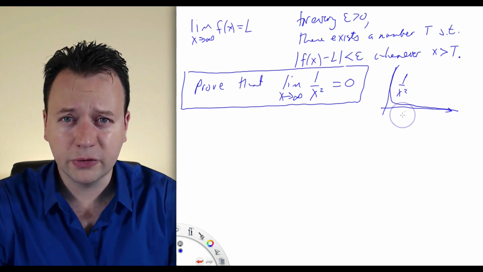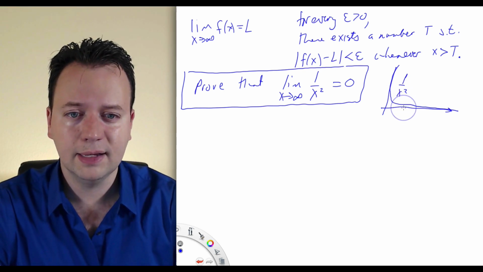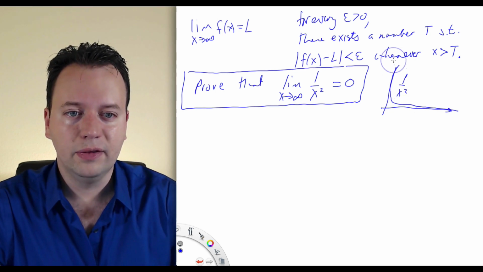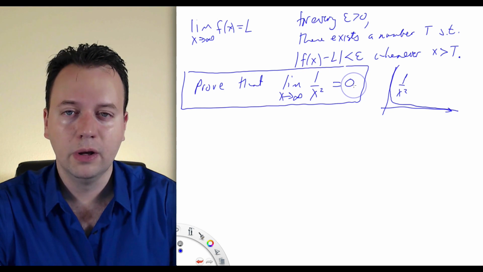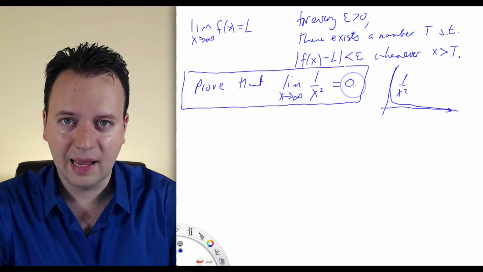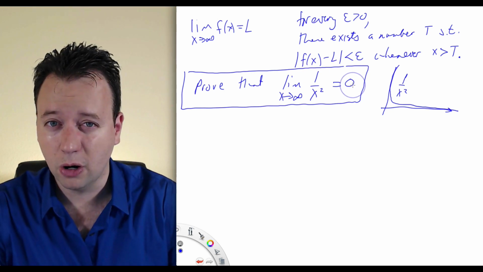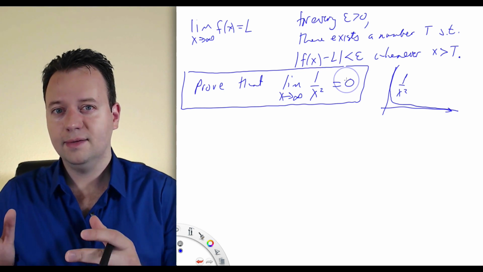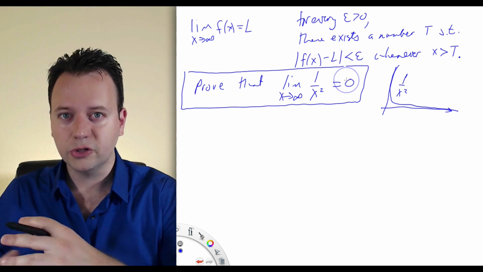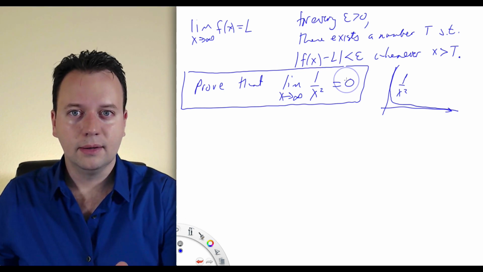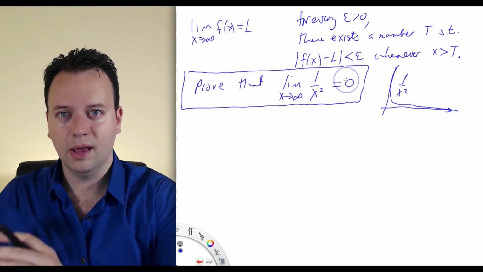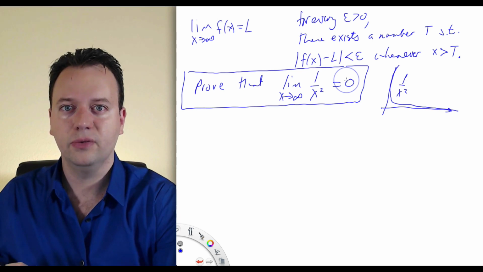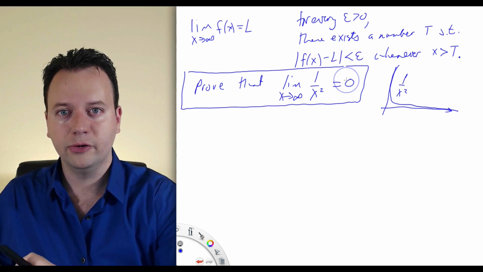So to prove this, we have to show that for any size epsilon, the difference between the output, which is 1 over x squared, and 0 will always be less than epsilon as long as x is large enough. For a given fixed epsilon, which is arbitrary, whatever somebody tells me is the value of epsilon, I should be able to return a value t.